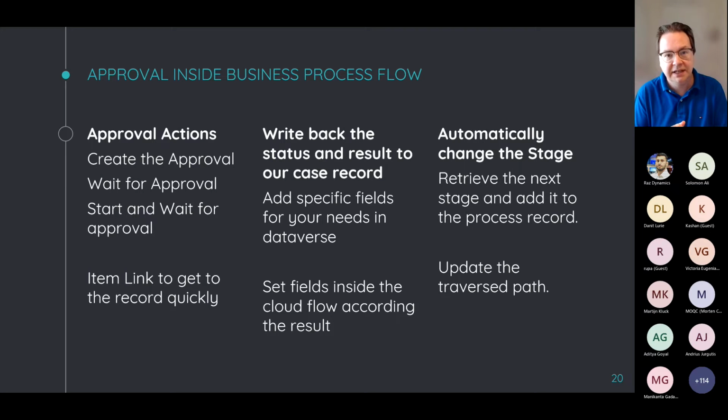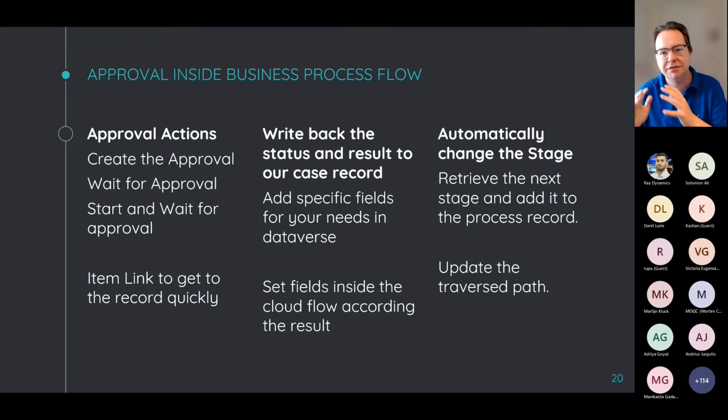The item link is really handy for the manager to quickly glance over to the record you want, and write back the status and the results of our case, so we can actually track what's happening with our approval inside your Dataverse or inside your model-driven app. And automatically change the stage. It's something you can do. It's not something you always need to do, but when you do, please remember to update the traversed path. If you do not, it will break your business process flow stage.